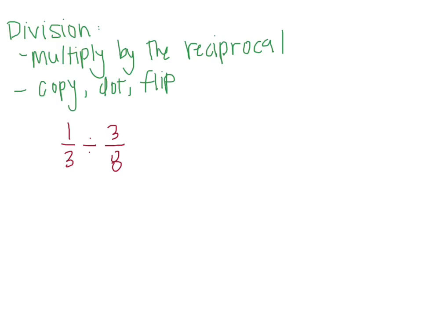So this is where copy dot flip comes in. First, I copy that first fraction that I saw. So I rewrite 1/3. The dot means I'm taking that division symbol and turning it into a multiplication symbol, or just a dot. And then the flip is where I take this 3/8 and I flip it upside down into 8/3.